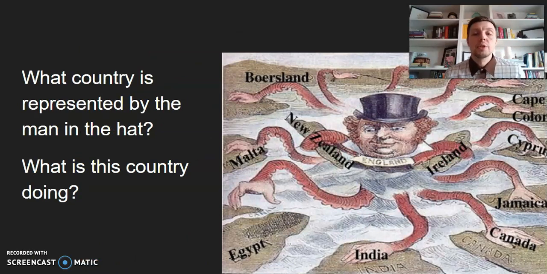So take a look at the image on this slide. You can see a man with a hat who has tentacles like octopus arms that are extending around the world. Each of these places has a text which tells you what country they are. So what country is represented by the man in the hat? And what is the country doing? If you look closely, you can see which country this man is representing.